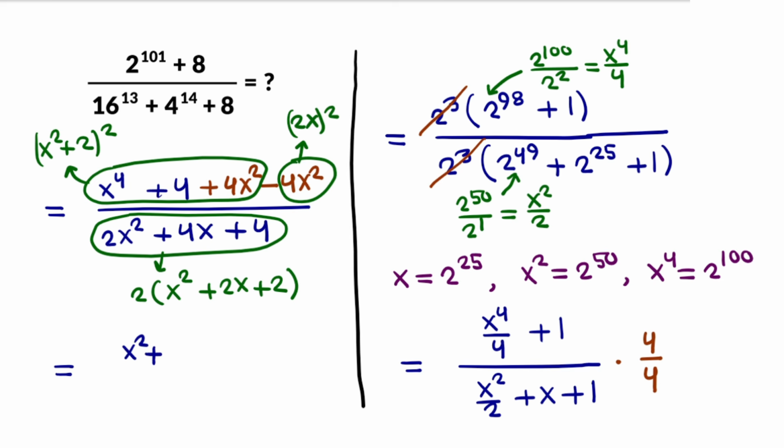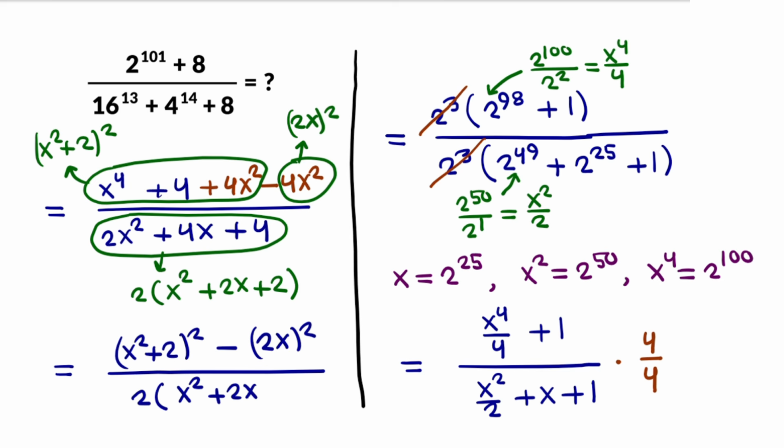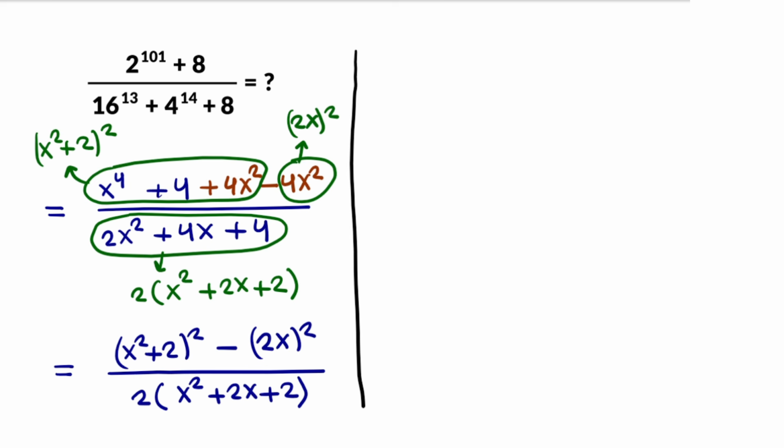The quantity x squared plus 2 squared minus the quantity 2x squared. And it's all divided by 2 times the group x squared plus 2x plus 2. Using the difference of squares rule, the numerator splits into 2 factors. The first is x squared minus 2x plus 2.